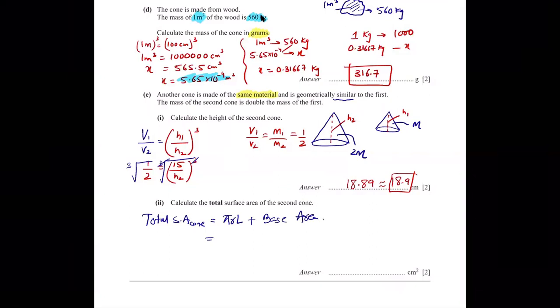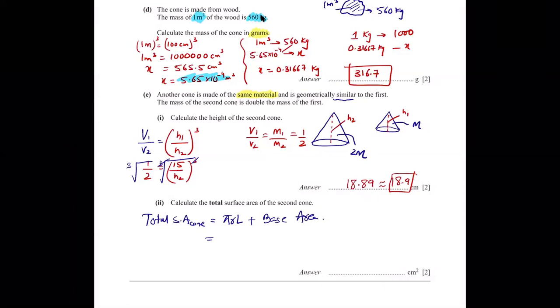So pi r L. Now, do we have the radius? We do not have the radius of the second cone. Okay, so I want you to come up with a strategy to find the surface area of the cone. If you cannot visualize this, please let me know. I'm going to solve it for you.